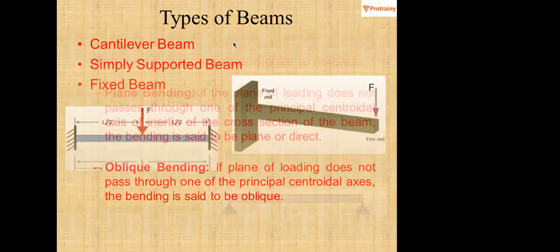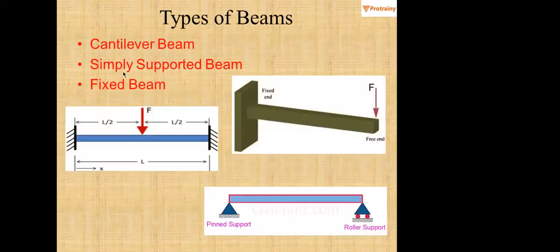Then comes types of beams: cantilever, simply supported, and fixed beam. So this is a cantilever beam, right? What is happening? We have this fixed end, and this one is free. So whatever force you are applying onto this end or anywhere in this section, what is going to be affected is this fixed end, right?